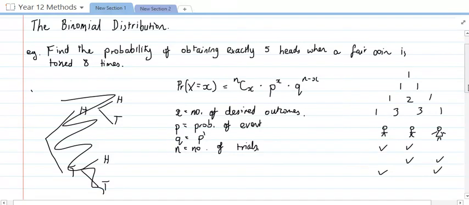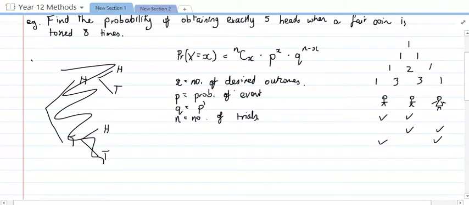So, in this case, we're looking for 5 heads, so I can write the probability of X equaling 5 is equal to, now we're doing 8 trials, so it's 8C5 multiplied by the probability of getting a head, which is half, and that gets raised to the power of x, which in this case is 5, and then the probability of not a head, which is a tail, is also half, and that gets raised to the power of n minus x.